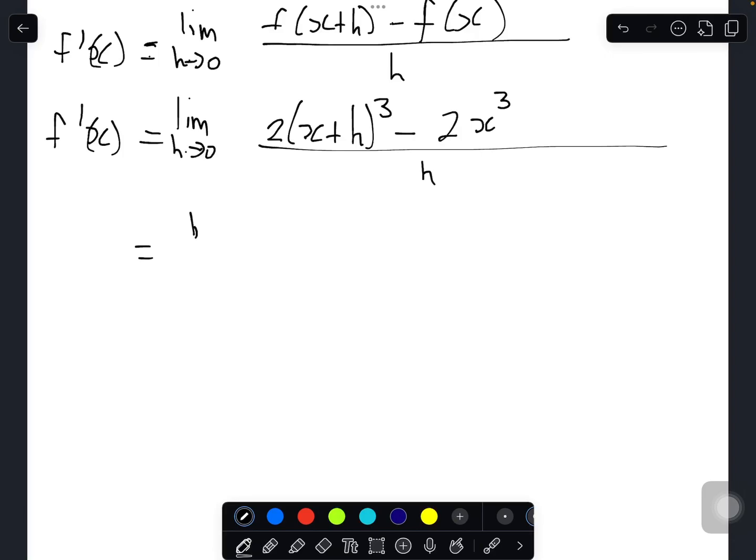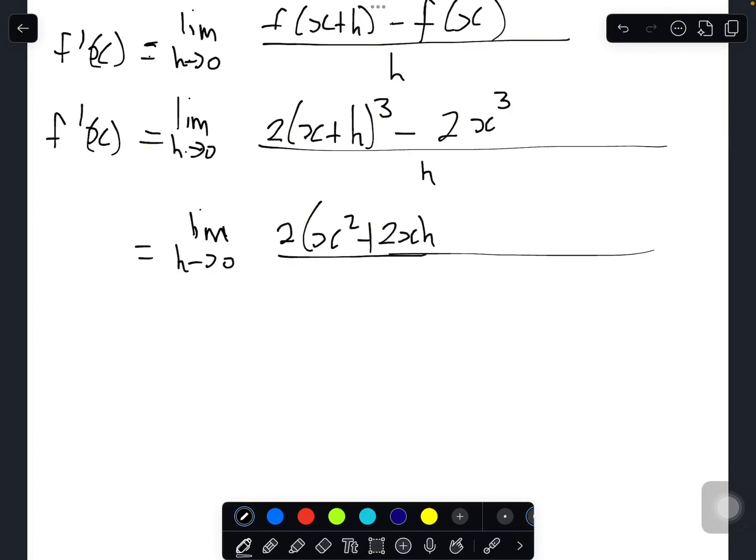So I'll have the limit as h approaches 0, and I'll have 2 into x squared plus 2xh plus h squared, all into x plus h minus 2x to the power 3, over h.